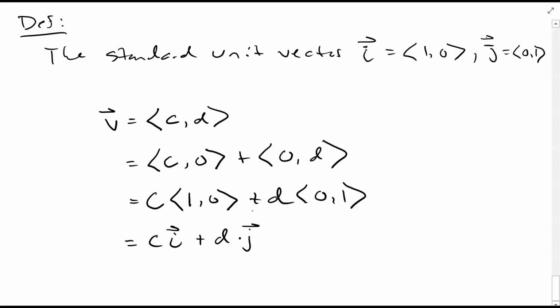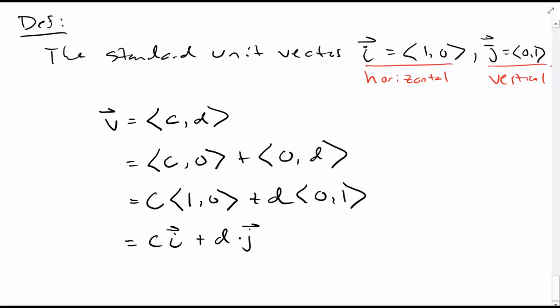So what this is basically doing, the vector i is horizontal because it's 1, 0. So it's like going 1 unit over on the x-axis. And j is like the vertical because it's 0, 1.